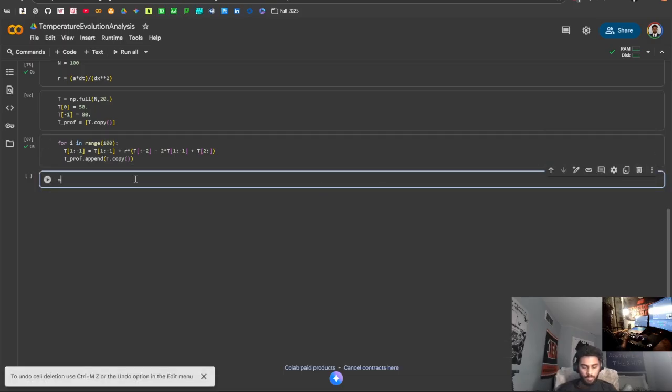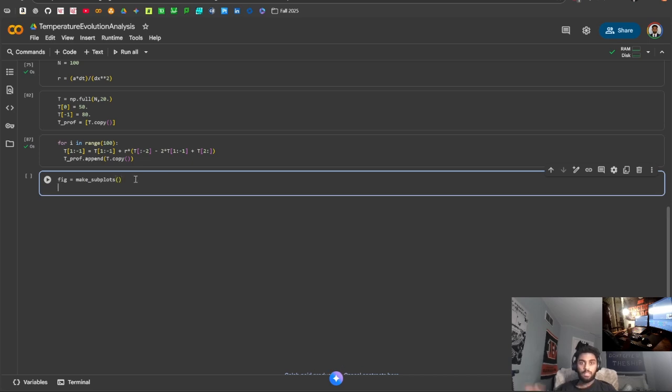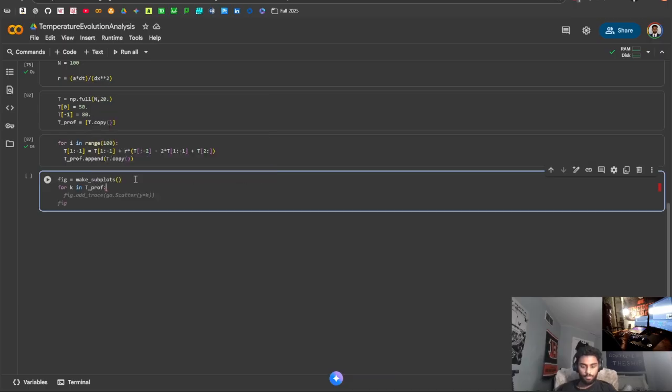So now we're going to set up a new subplot. And basically every single time we go through this loop, we're going to use a counter. So we're going to say for k in tprof here, we're going to add a scatter.